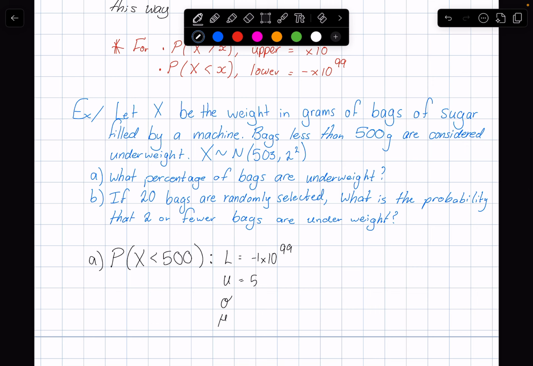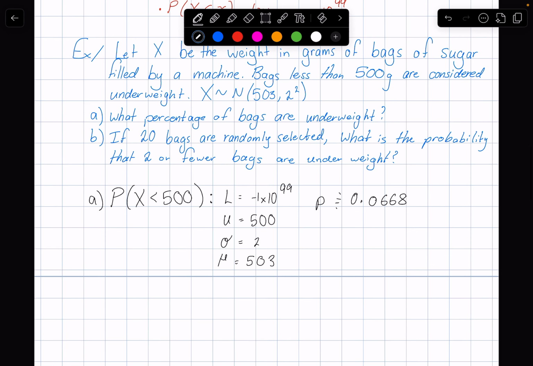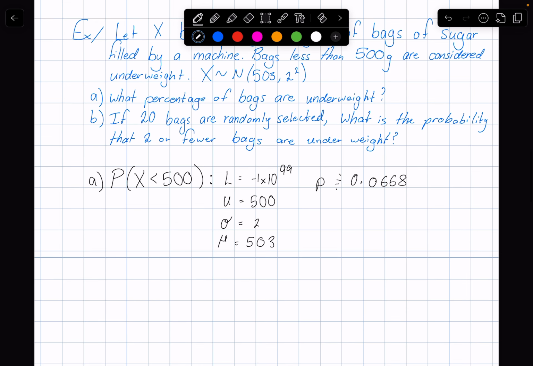My upper limit is going to be 500. My standard deviation is 2, and my mean is 503. If I quickly put those numbers in, we get the probability, little p, is approximately 0.0668. So about 6.7% of my bags will be underweight.